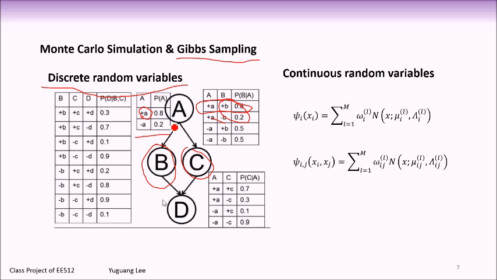Finally, the samples have the distribution of this joint distribution here.